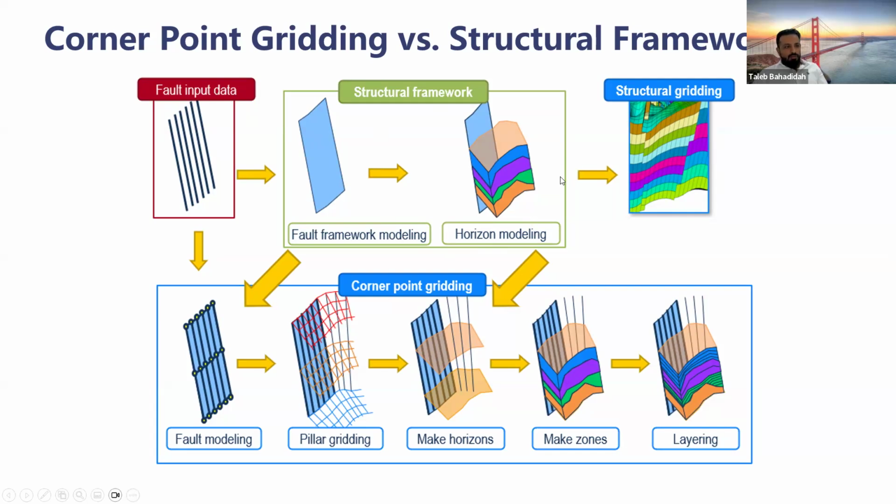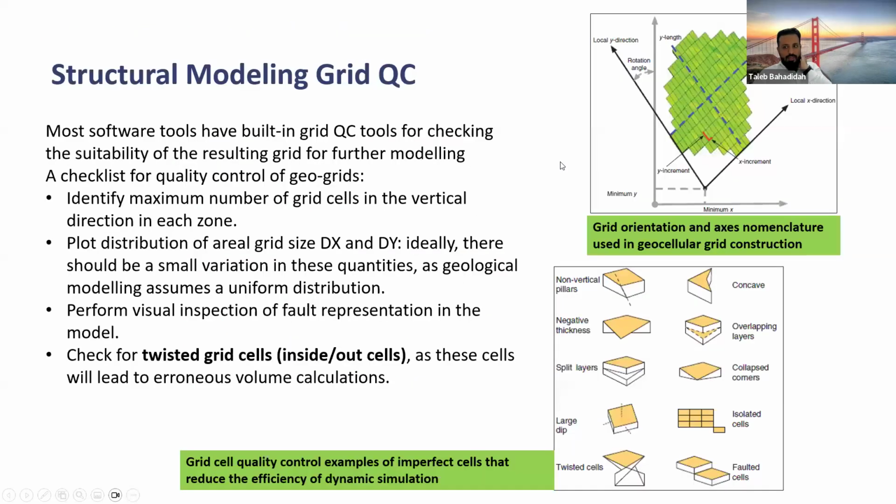Once you finish your geocellular modeling, you need to do some QC. It's called geometrical modeling, in other words. So you need to make some structural modeling QC. Most software have a tool to check your grid and the suitability of the resulting grid for further modeling.